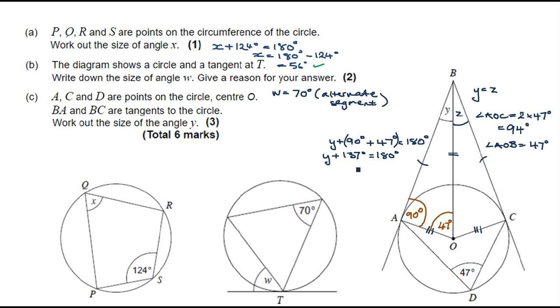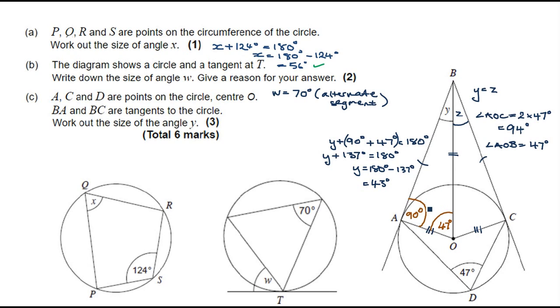Subtract 137 from both sides, and then it will disappear from the left-hand side, giving us just y equals 180 minus 137. Finally then, we need to subtract 37 from 80, giving us, what's that, 43. But again, let's not trust our arithmetic.